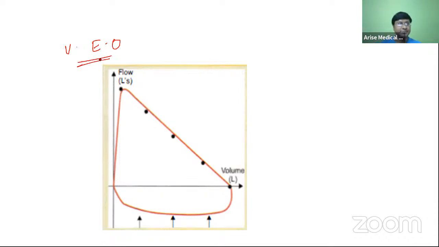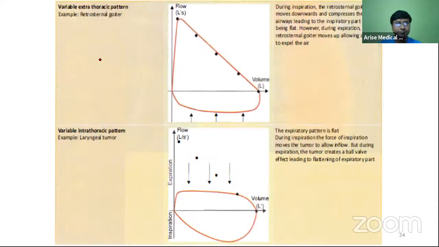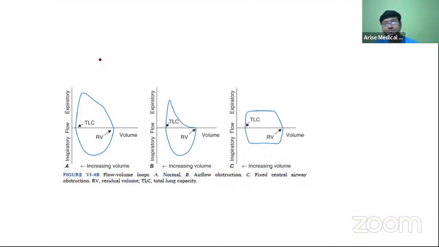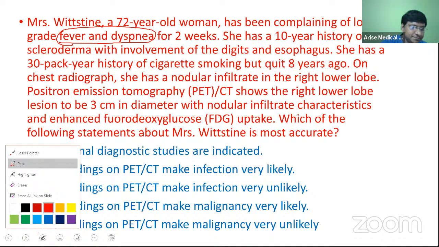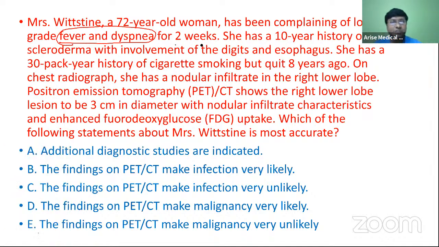All right, now, this is another very easy question. The question looks very lengthy, but the answer is very simple. A 72-year-old man has been complaining of low-grade fever and dyspnea. So fever and dyspnea, these two are very important symptoms. For 2 weeks, she has a 10-year history of scleroderma with involvement of digits and esophagus.